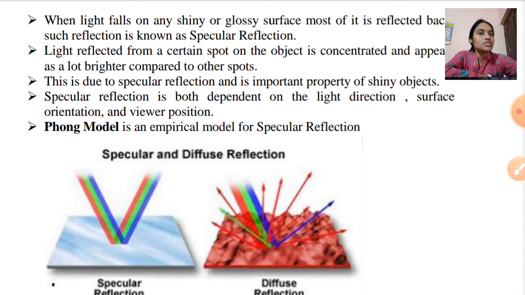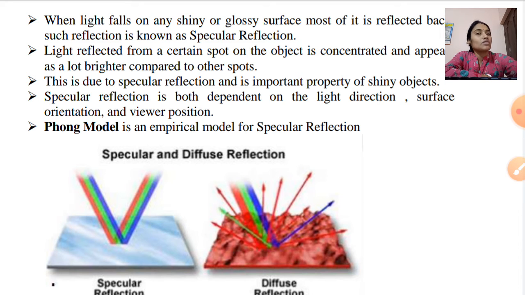Okay, the viewer position is independent there, and ambient light also is not dependent on any of these things: light direction, surface orientation, viewer position. But specular reflection is dependent on light direction, surface orientation and viewer position. These three things are important for specular reflection.